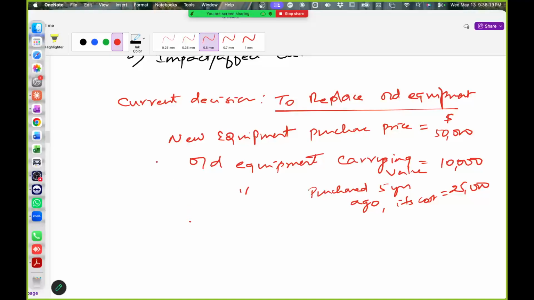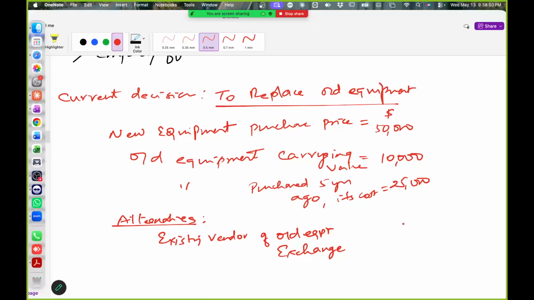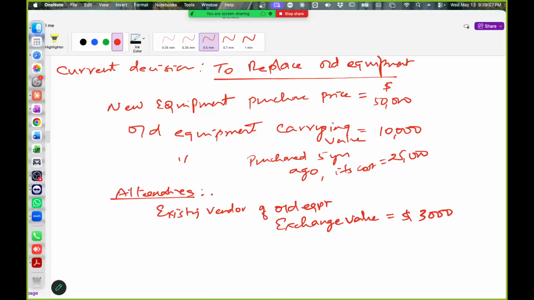Alternatives: the existing supplier, the existing vendor of old equipment, is offering an exchange value of $3,000 for the old equipment. This is, let's say, alternative 2.